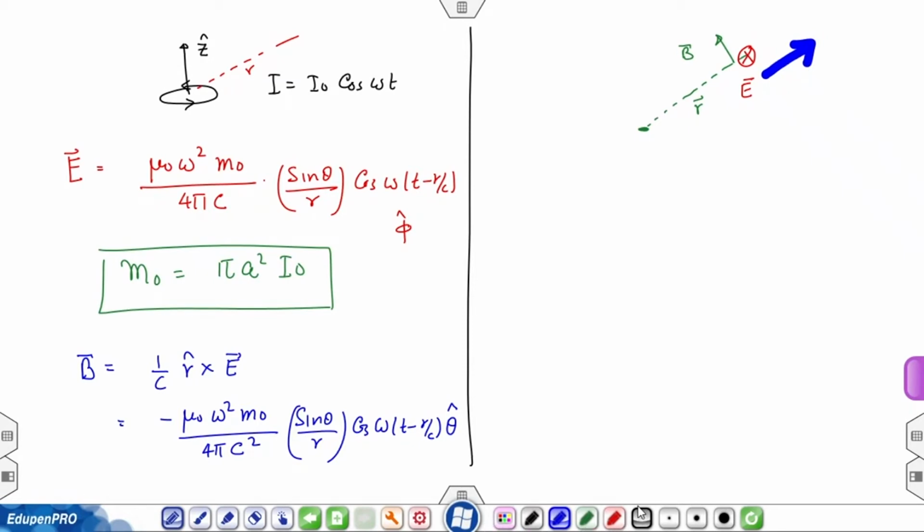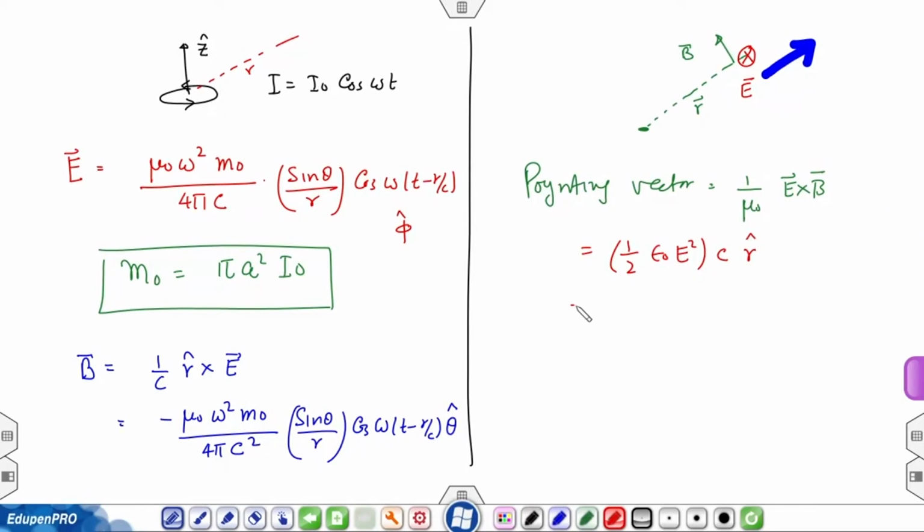You can calculate the S vector also, the Poynting vector, to calculate the power radiated, which is equal to 1 over mu 0 E cross B, and for radiation this is also equal to 1/2 epsilon 0 E square times c, and it is going in r direction.